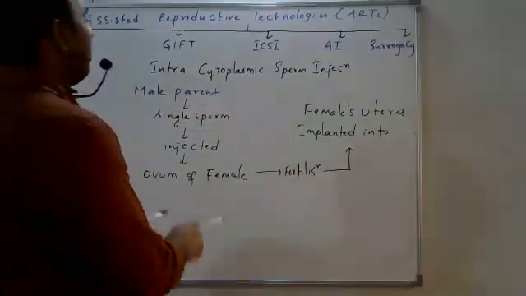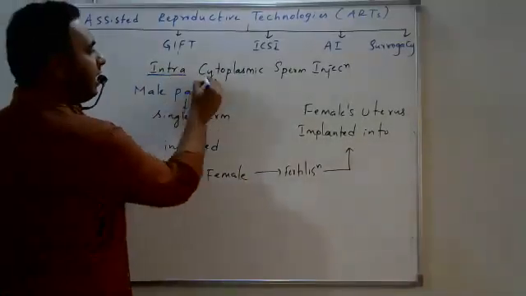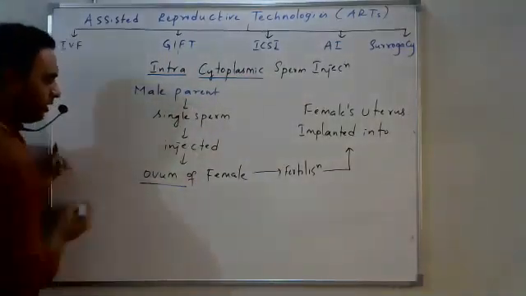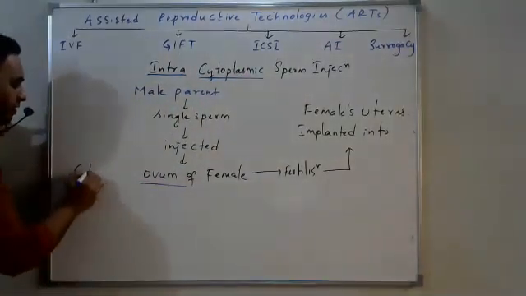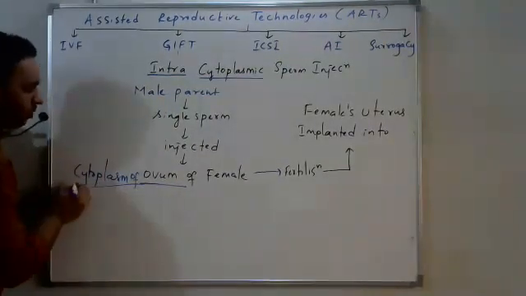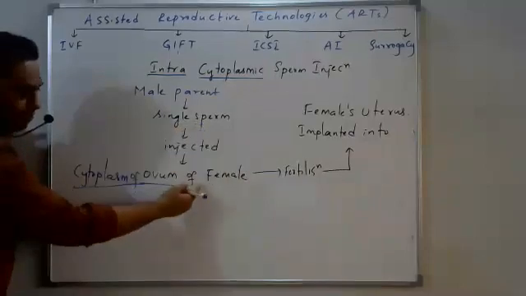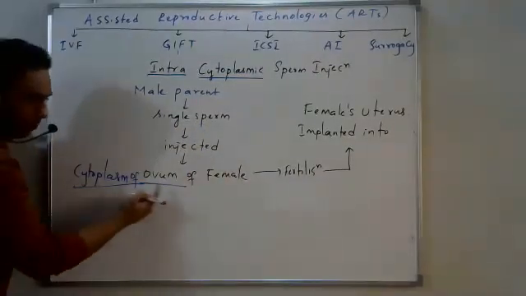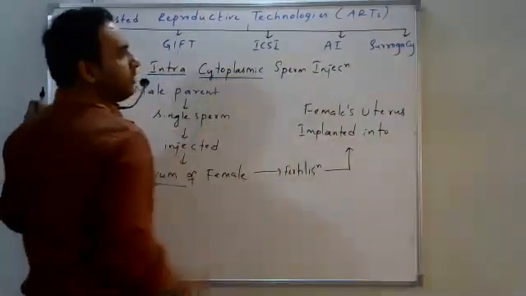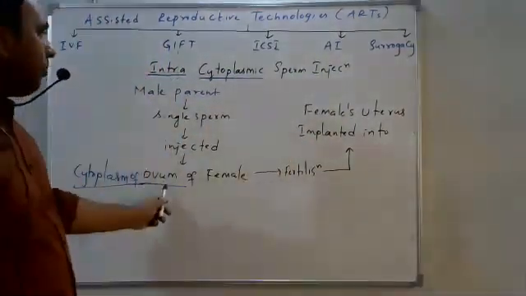This method is called intracytoplasmic. Here we are injecting sperm into the cytoplasm of the ovum. Intra means within, so within the cytoplasm only we are injecting.